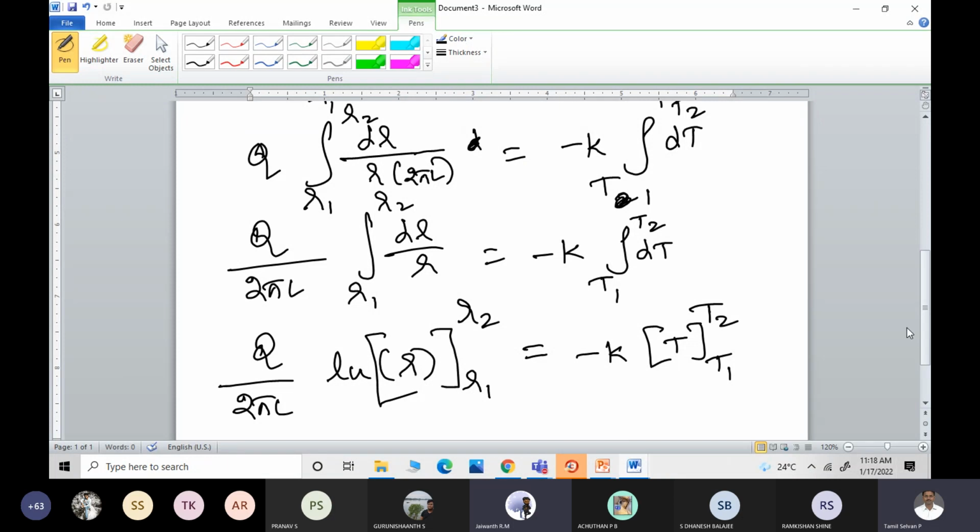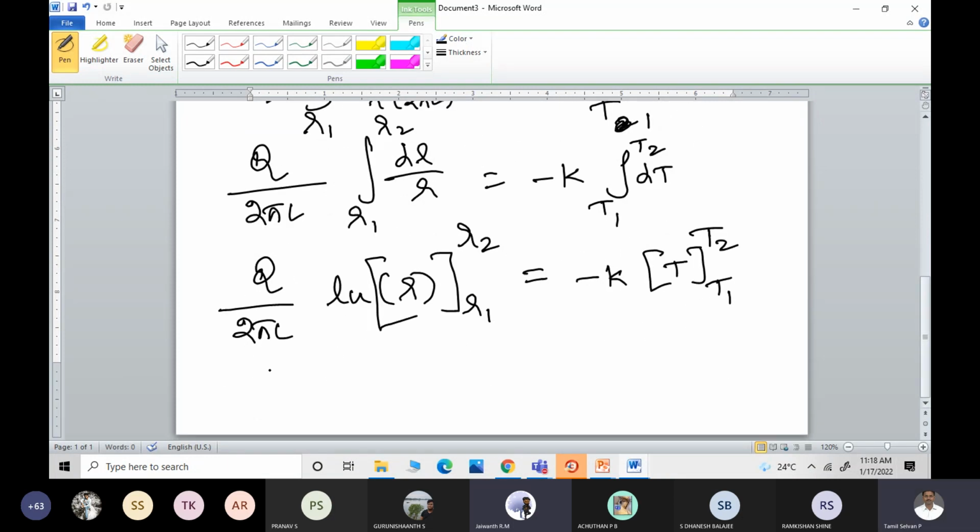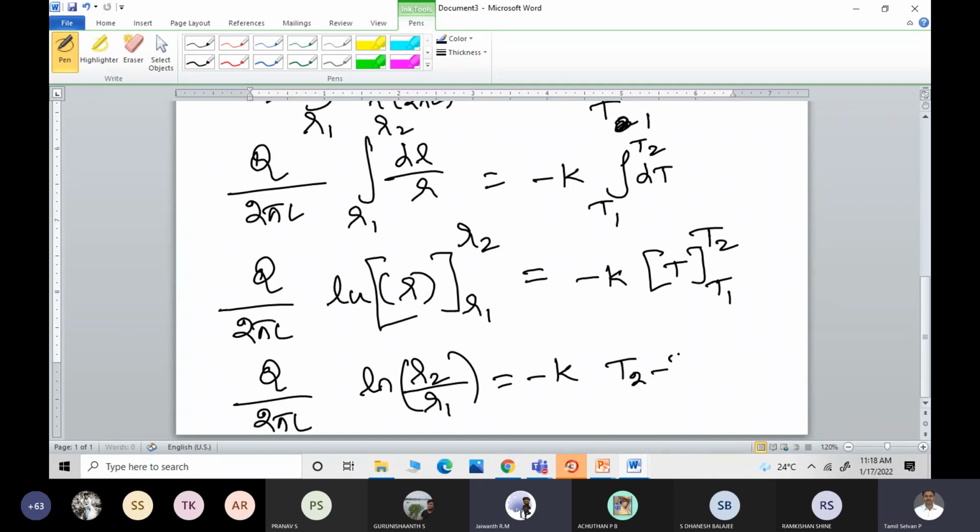So I rewrite it as Q by 2 pi L natural log of R2 minus natural log of R1, and natural log of R2 minus natural log of R1 is natural log of R2 divided by R1. Which is equal to minus K into T2 minus T1. When this minus sign enters inside, it becomes K into T1 minus T2.